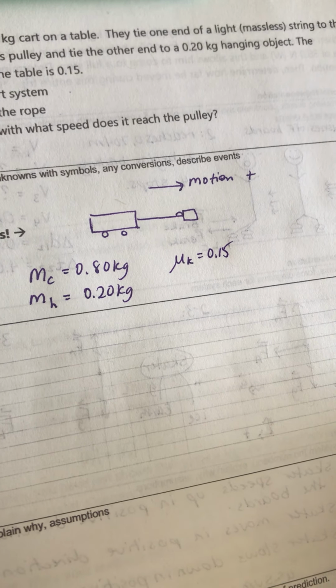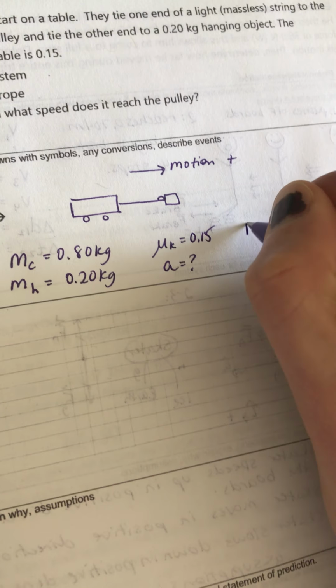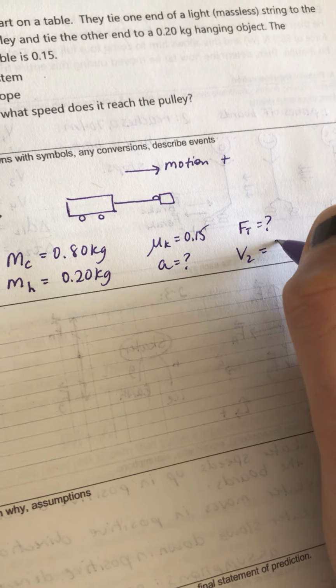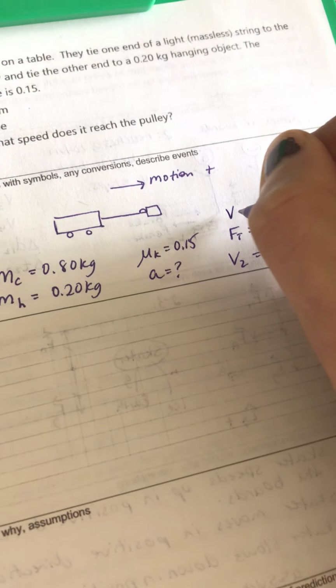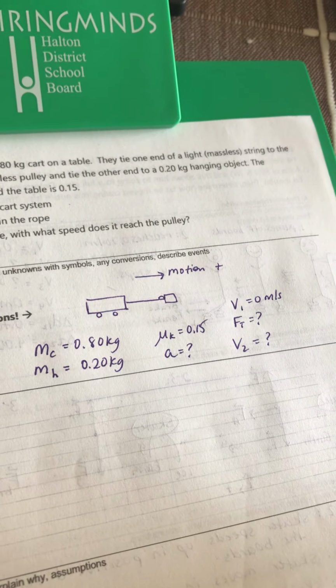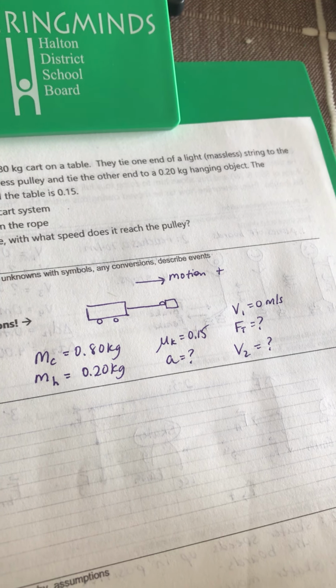That's all the information that we have. Okay, we're looking for a, we're looking for tension force, and we're looking for v2. We know that the cart starts at rest. Okay, so that's all the information that we know. We don't need to do any other conversions.